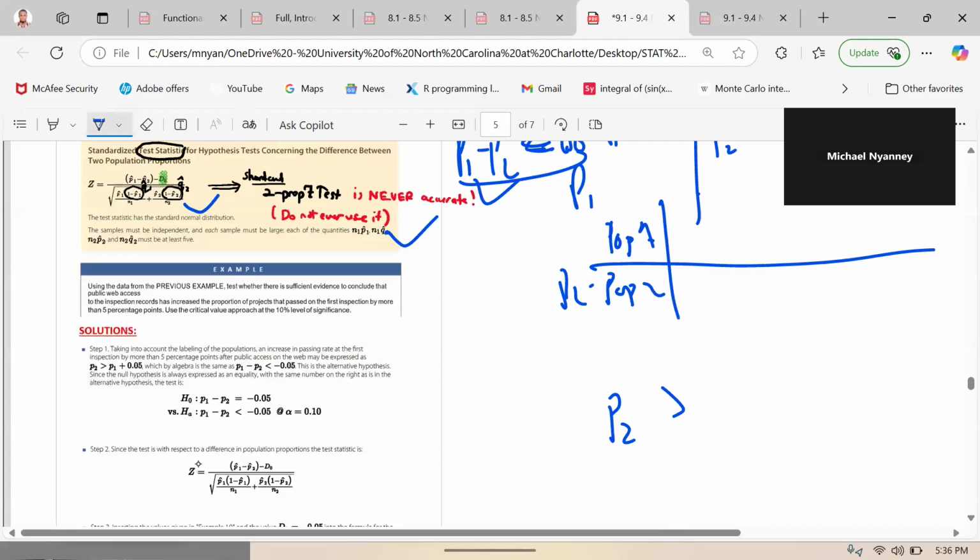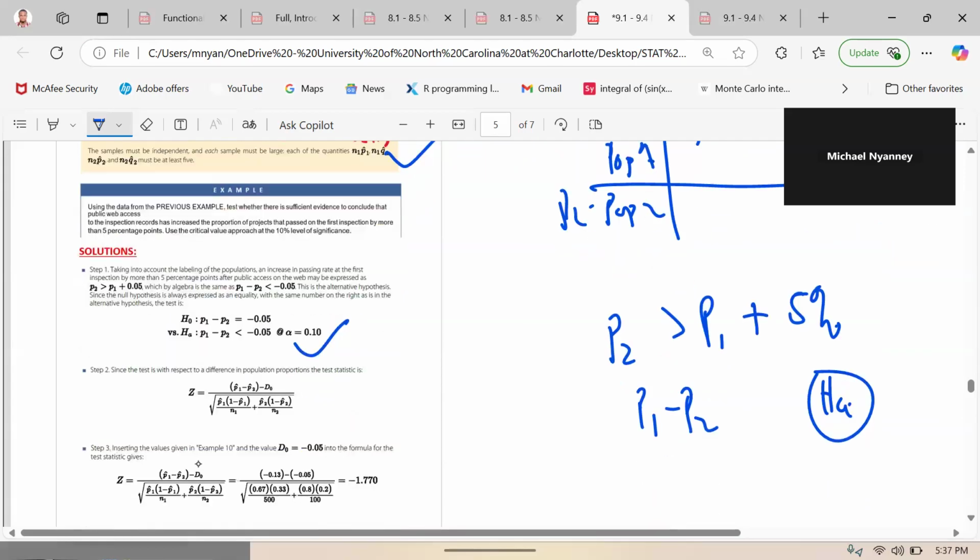This is greater than P1, but there's one more additional thing: has increased the proportion of projects that pass on the first inspection by more than 5, so plus 5 percentage points. So we have to rewrite this back to P1 minus P2, and this will be under HA. If you're able to rewrite this back as that, then that is what we did, and we're able to do it.